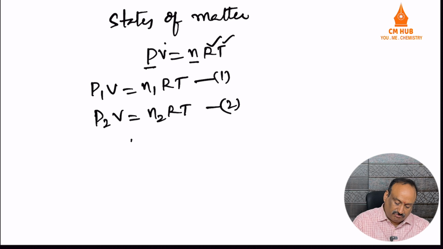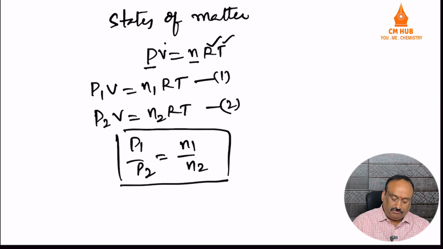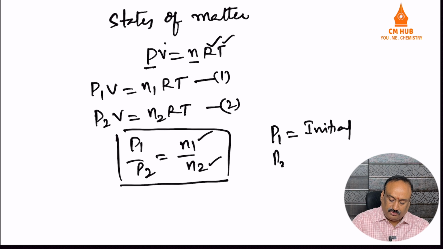Now divide equation 1 by 2, you get P1 by P2 is equal to n1 by n2. That means if you know the initial number of moles and the final number of moles after the completion of the decay, you can find the ratio of initial pressure and the final pressure. P1 is equal to initial pressure and P2 is equal to final pressure.